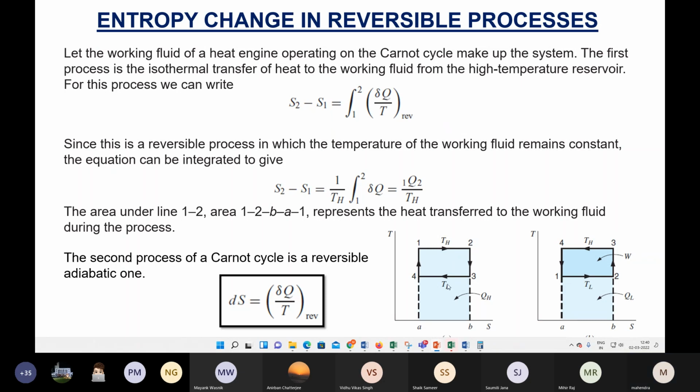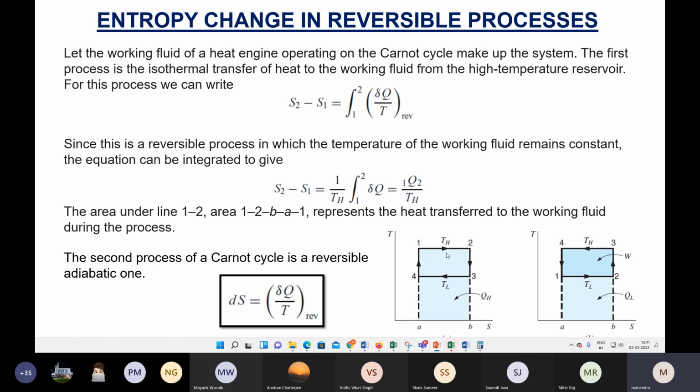So far, you have seen the Carnot cycle with curves. Now, once entropy is defined, you can see this kind of rectangle for the Carnot cycle.